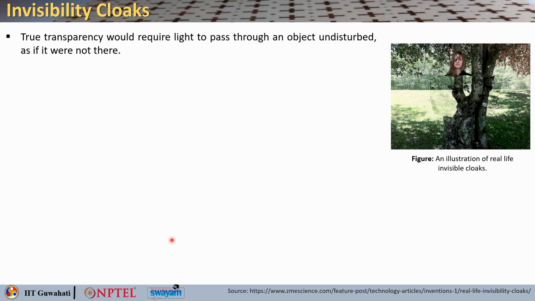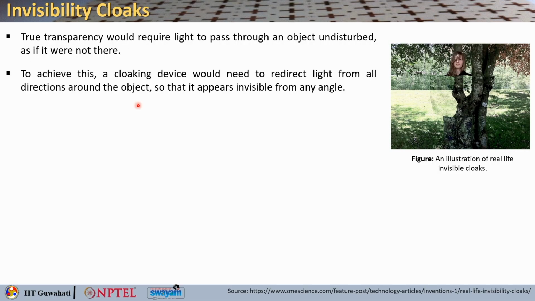True transparency would require light to pass through an object undisturbed as if the object is not there at all. To achieve this kind of feat, a cloaking device would basically need to redirect light from all directions around the object, so it should be invisible from every angle.